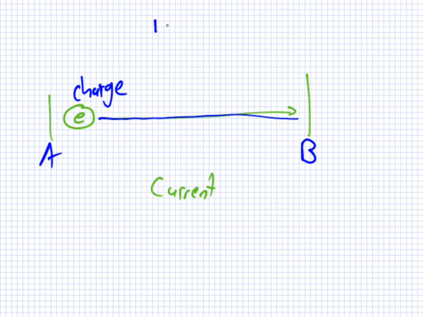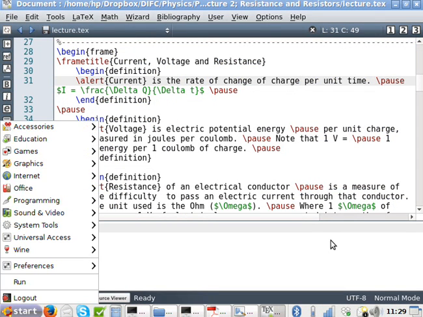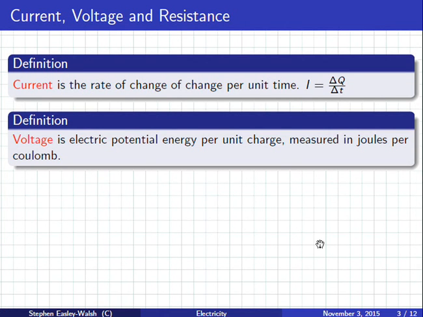Okay. I'll just go to a little picture here I want to draw for you. So what I'm saying with voltage is when you have something like an electron has negative charge. When the electron moves from here to here, we call this a current. We call it a current when a charge moves from A to B. When this charge moves, it could do some work. For example, it could light a light bulb.